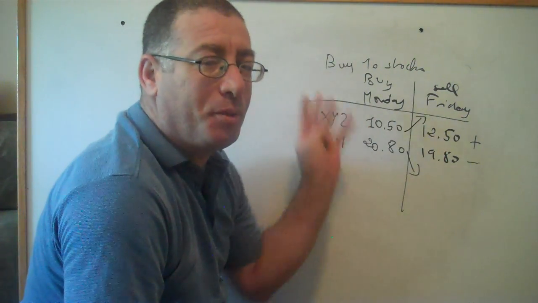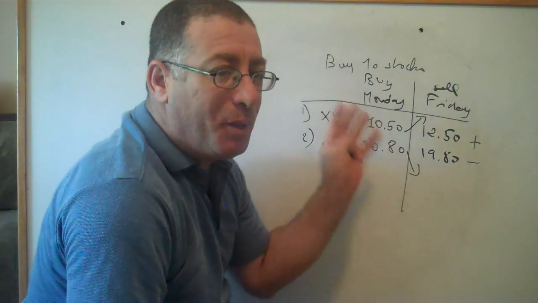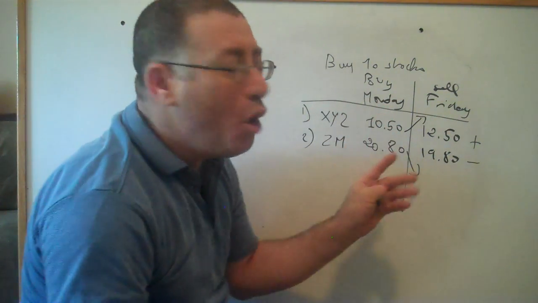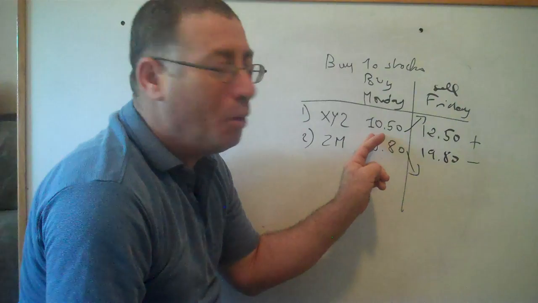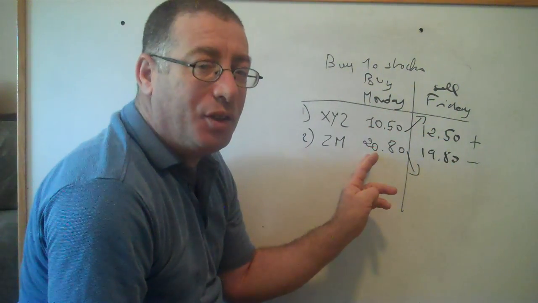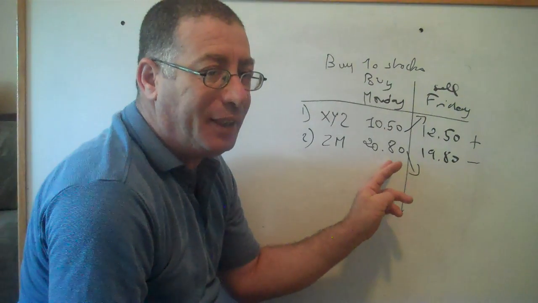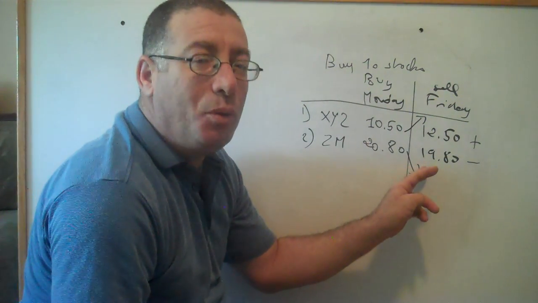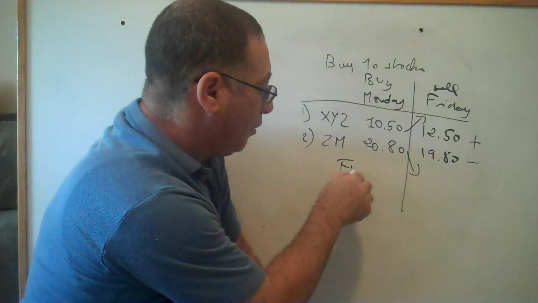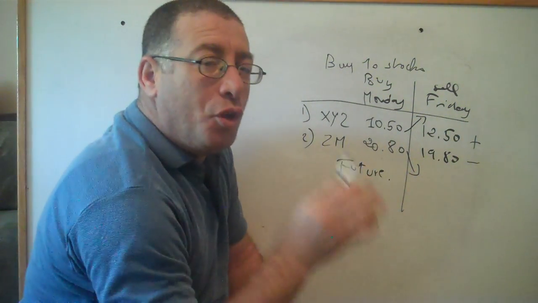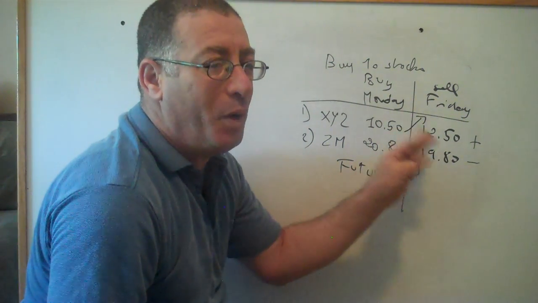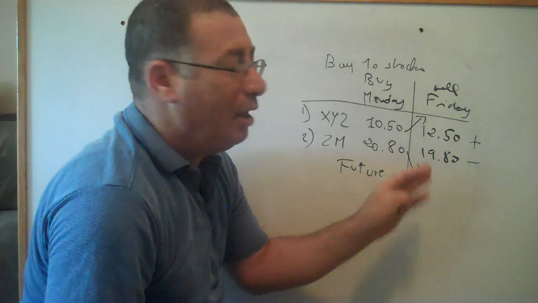So, why are we doing this experiment? We are doing this experiment to show you that no one knows that this stock will go to 12, and no one knows that this 20.80 will go down. This is the market. This is what we call the future. So, no one knows what will happen in the week. Okay?